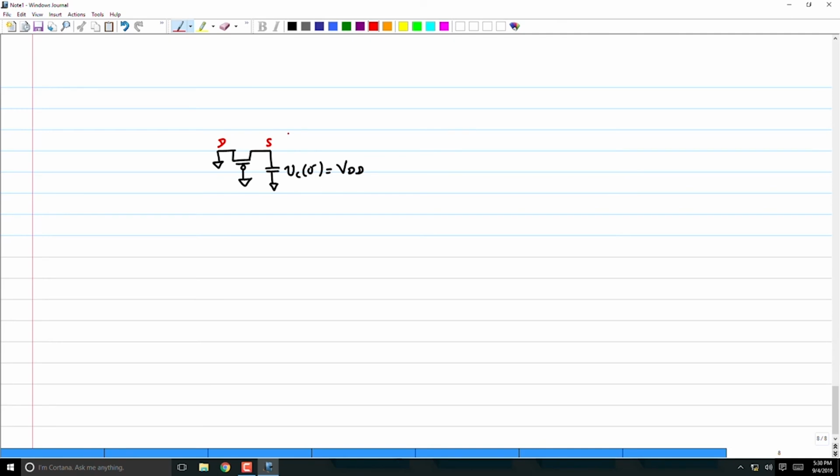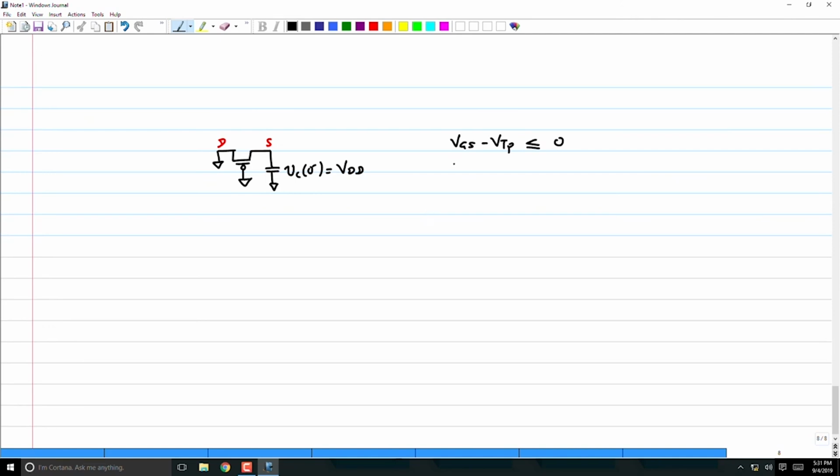So obviously this transistor initially has a high enough mod VGS, and therefore it will turn on. It will start discharging the capacitor. But it can discharge the capacitor only until VGS minus VTP is less than 0. What is VGS of this transistor?